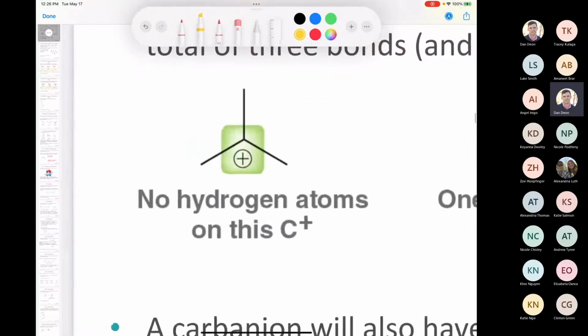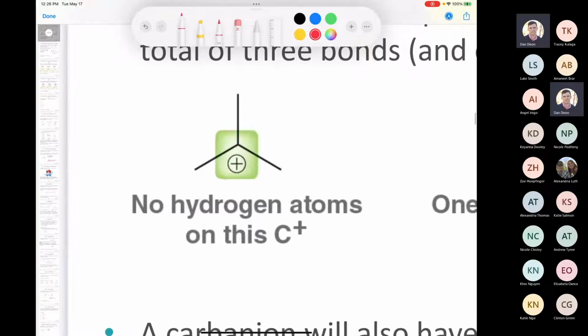Now, if you were to just look at a bond line structure of this, you would say, well, Mr. Dillon, you're implying that there's a hydrogen here, so this carbon would have no charge. However, if we put a plus next to the carbon in the middle, that implies that there's only 3 bonds to it.